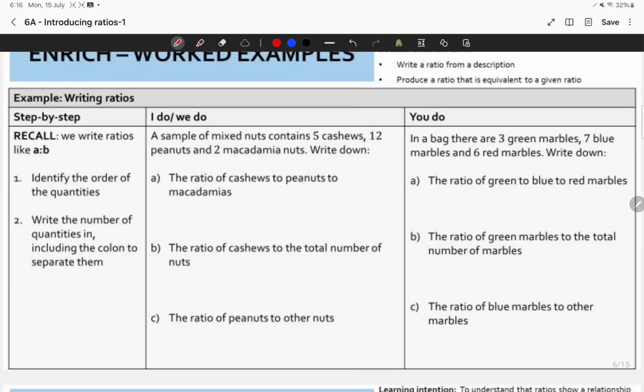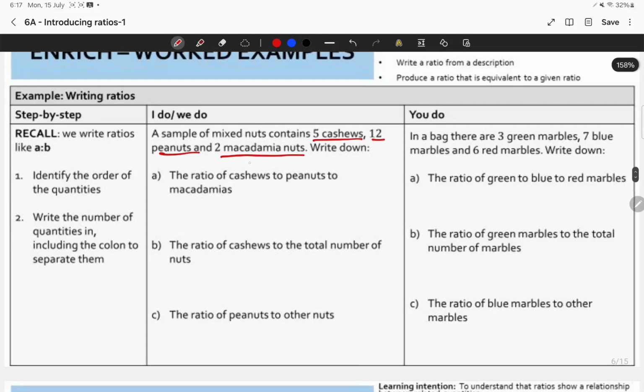The first one that we have is a sample of mixed nuts contains 5 cashews, so that's important. 12 peanuts, that's also important. And then 2 macadamia nuts, that's important. All right. So what we need to do now is write down the ratios of cashews to peanuts. So we need to remember, where are the cashews? The cashews are here. So there are 5.